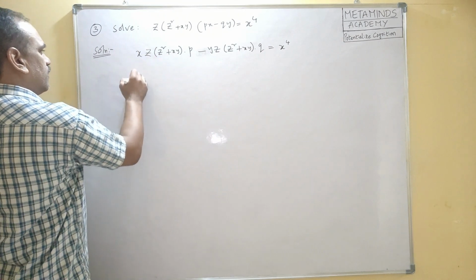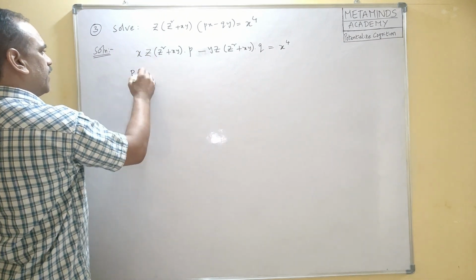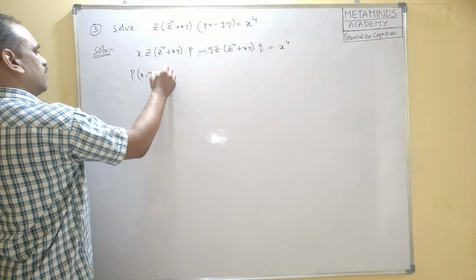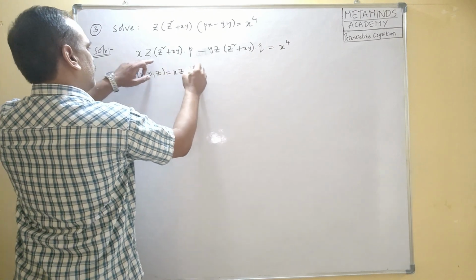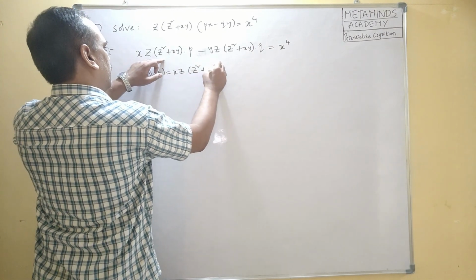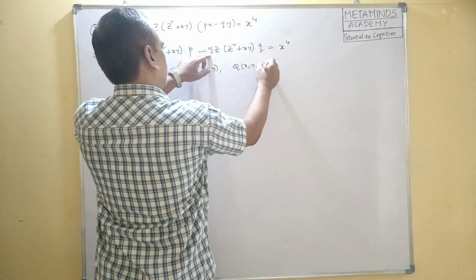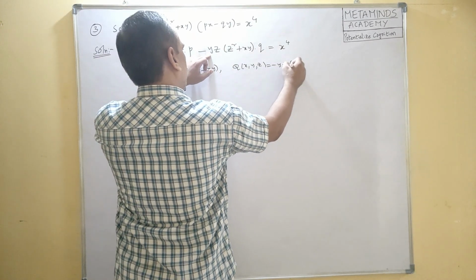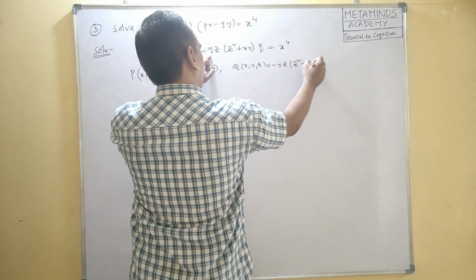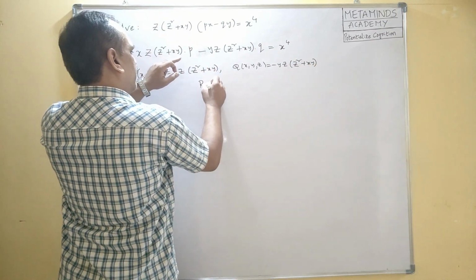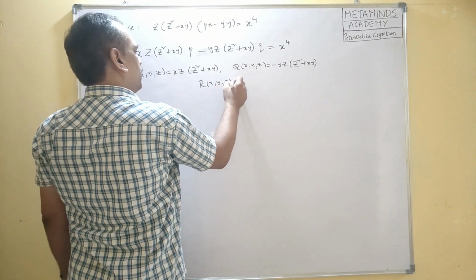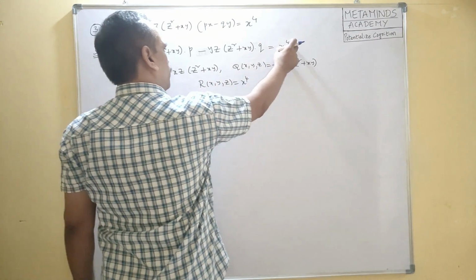So what is capital P here? P of x, y, z is xz(z² + xy). Q of x, y, z is −yz(z² + xy), and what is R of x, y, z? It is simply x⁴.